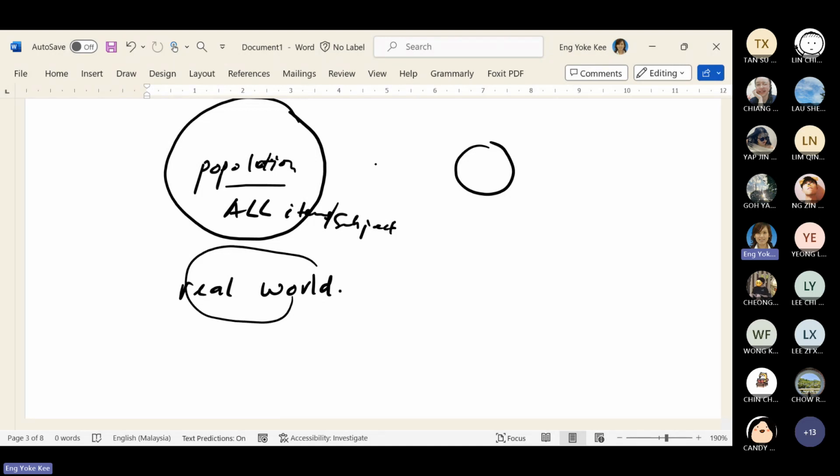So what do you do? You do statistics. What is statistics? You observe a sample and learn about the real world. You observe them and then you learn about the real world. You're hoping that the sample behaves like the population, right? This is your understanding.